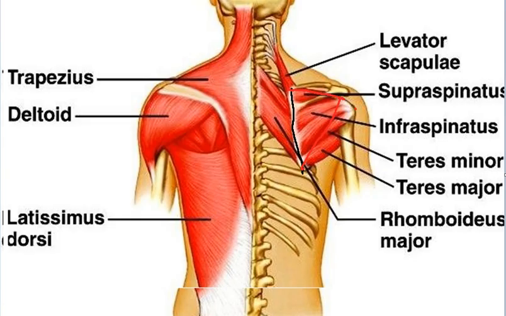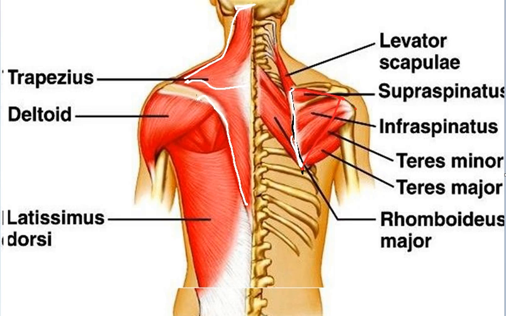Now what I am going to show here is the muscles which are attached to the scapula and help the scapula move. First of all, let us see the superficial muscles: the upper fibers of the trapezius, middle fibers of the trapezius, and the lower fibers of the trapezius.